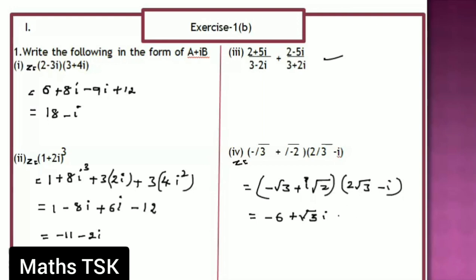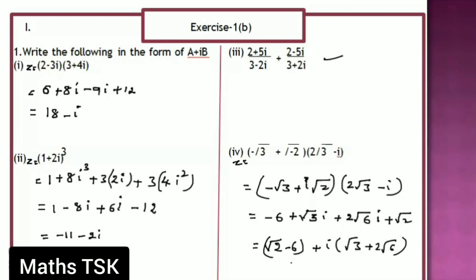And this becomes 2 root 6 i, 2 into root 3, root 6 i. And then minus i square becomes plus root 2. So the real part becomes root 2 minus 6. Then the imaginary part becomes i into root 3 plus 2 root 6. Else you can take 2 root 3 common. Then 1 plus 2 root 2 becomes the value. So this is in the form of a plus ib. This is in the form of a plus ib.